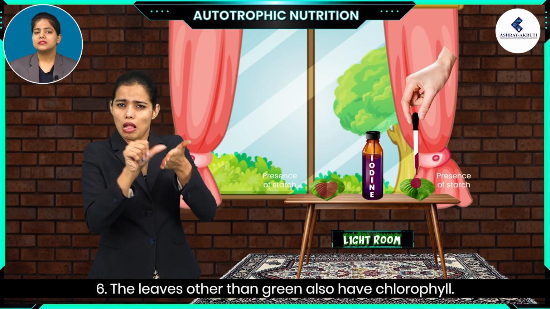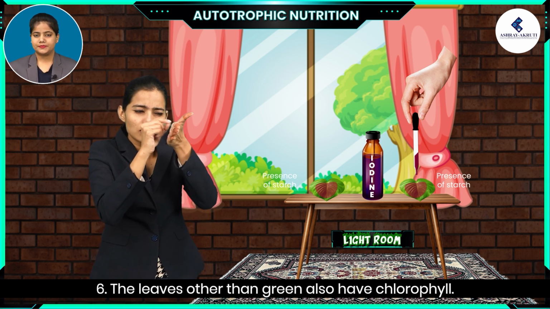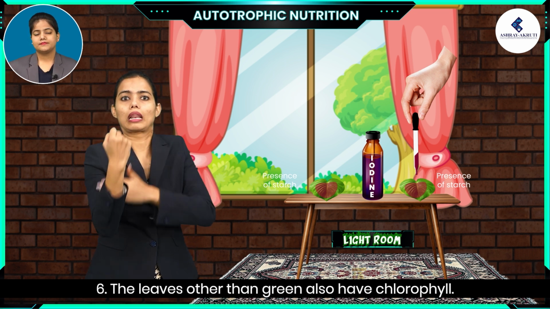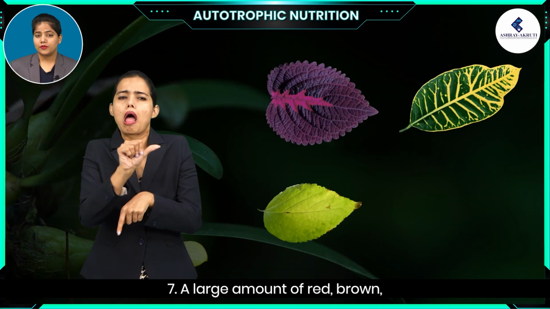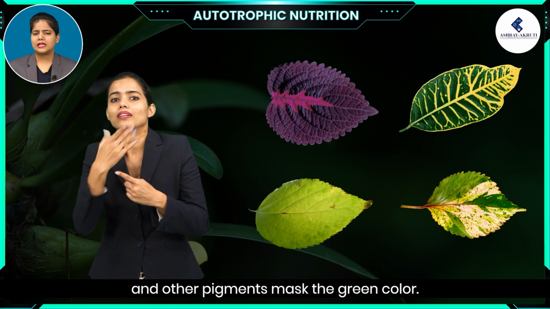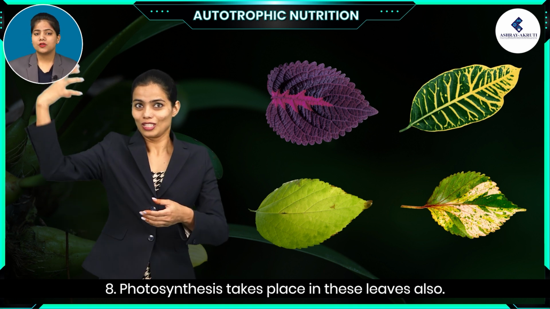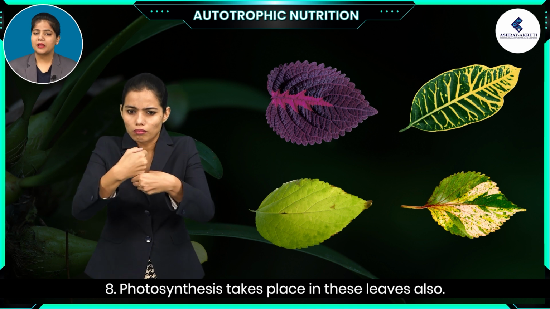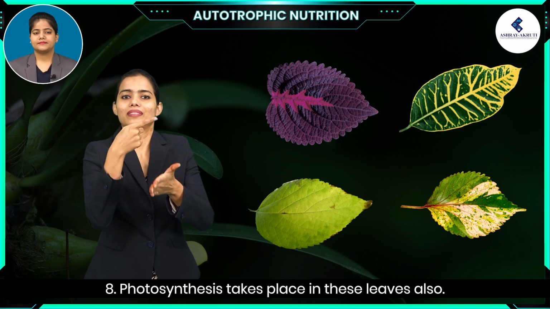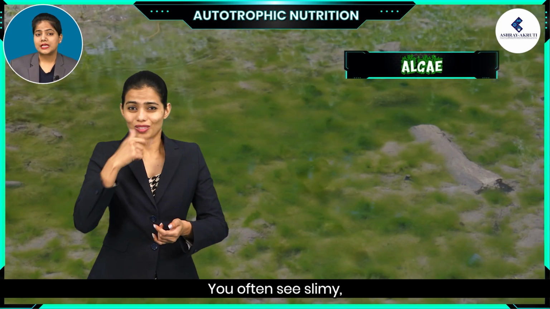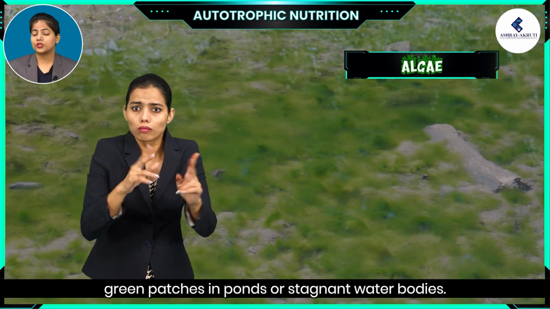Number 6. The leaves other than green also have chlorophyll. Number 7. A large amount of red, brown and other pigments marks the green color. Number 8. Photosynthesis takes place in these leaves also. You often see slimy green patches in ponds or stagnant water bodies.